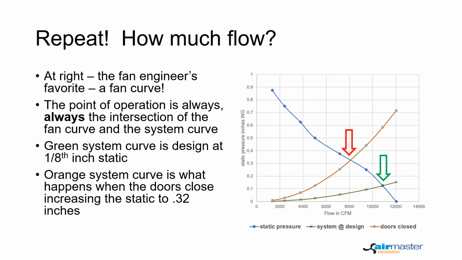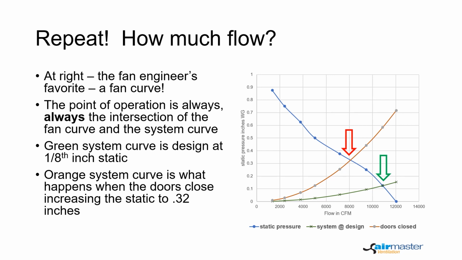And also, keep in mind that a system curve is made up of all the resistance to air movement, in this case, from outside of the building, through the building, and back outside again. This particular example shows what happens to this resistance when a large door is closed.